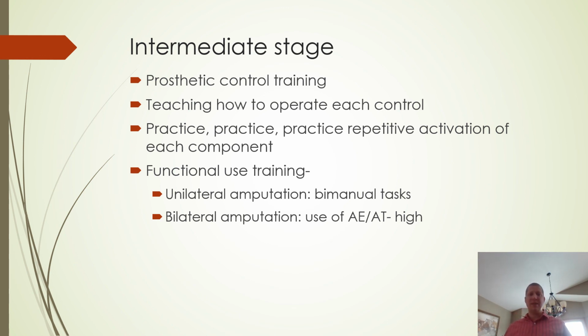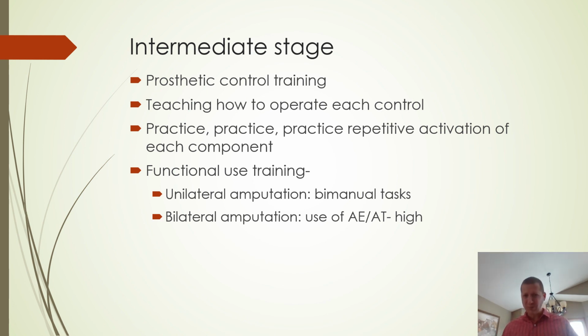So if they just have one amputation, get them to do bimanual tasks, right? With one being the prosthetic and the other being their other hand. For bilateral amputations, you'll probably have to use a lot of adaptive equipment, assistive technology, adaptive devices, and use whatever you can with whatever prosthesis you're able to, and kind of accommodate and adapt things throughout their environment.